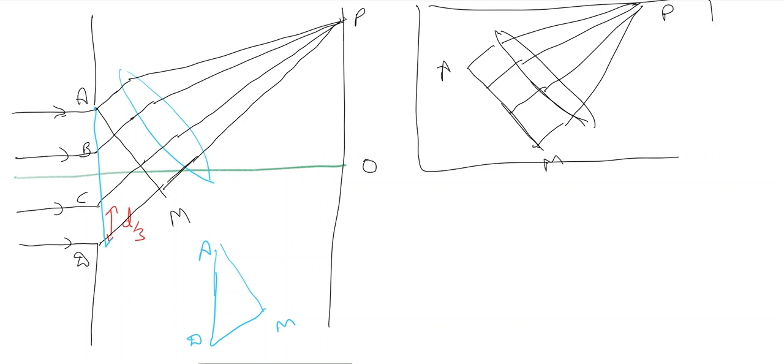Now assume that DM is lambda by 2. So if DM is say, sorry, not lambda by 2, 3 lambda by 2, then what will be CN? It will be 1 lambda. If this is d by 3, I am putting d by 3 here, and now I assume that DM is 3 lambda by 2, 1.5 wave.